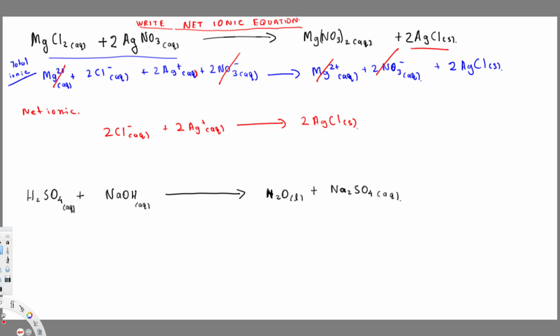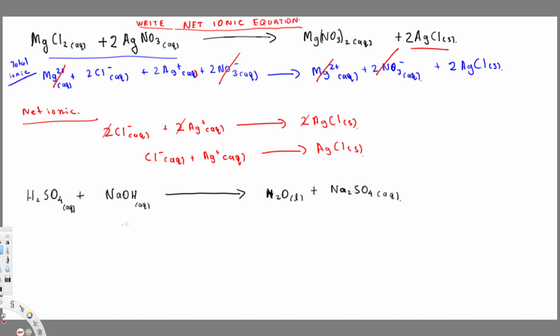Since we have 2, we can cancel all the 2's. So we can write this one as Cl minus aqueous plus Ag plus aqueous, and on the other side we are going to have AgCl solid, and this is the net ionic.